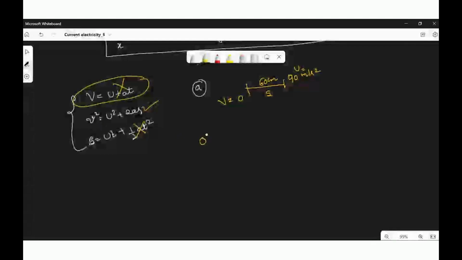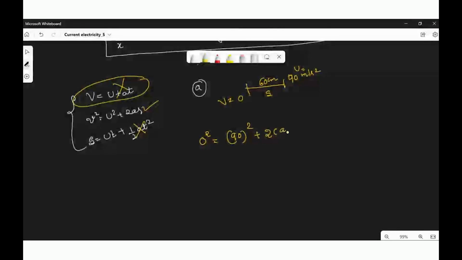Now what we will get? v square is 0 square, equal to 90 square plus 2 into a into 0.6. We have to turn 60 centimeter into meters. Yes, everything should be in one unit, like SI or CGS, and most preferred is SI.